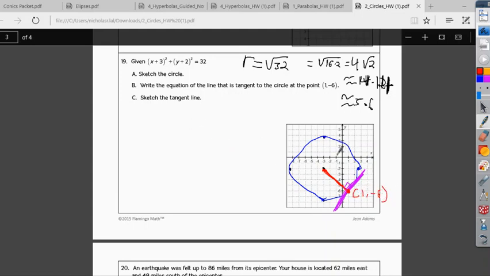So I need to find this slope, and I can find the rise over run. The rise is going to be 1, 2, 3, 4. We'll call this slope m1. It is going to be equal to +4 over -4, which is equal to -1.